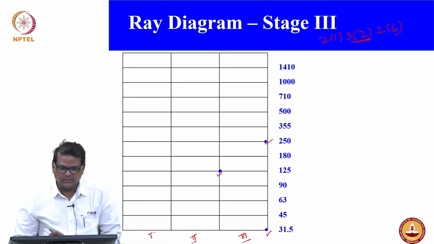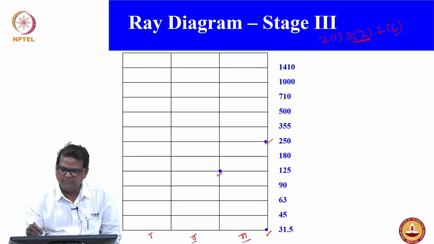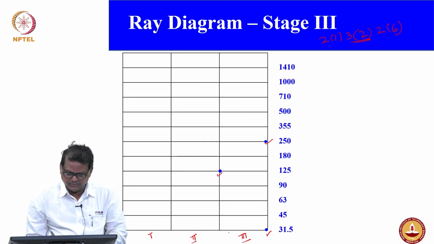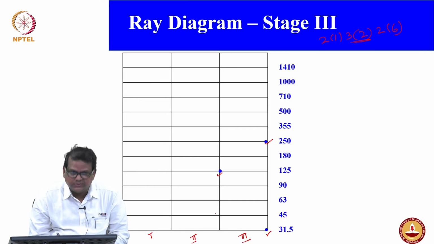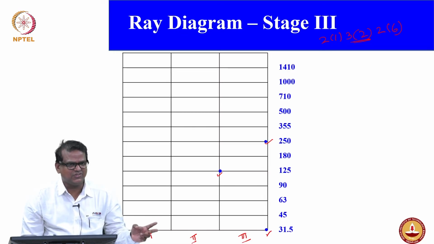So how do I move on now? Remember, there is an overlap. Even though this is the third stage, the third stage input will be the output of your second stage.